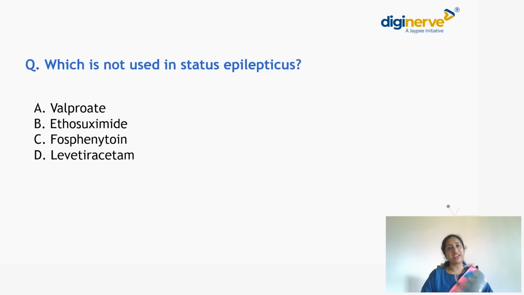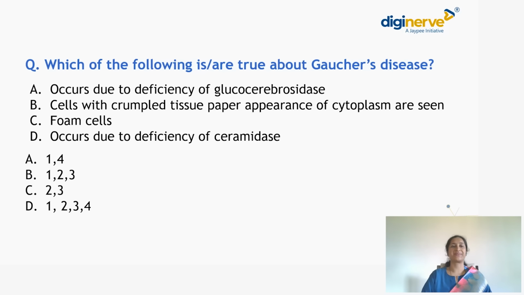It is a long-acting and slow-onset agent. It has to be graduated and hiked up. You cannot suddenly start it. You slowly increment the dose and reach full dose. That is not possible in status epilepticus. Hence, the correct answer is B. Ethosuximide is used in absence seizures and not in status epilepticus.